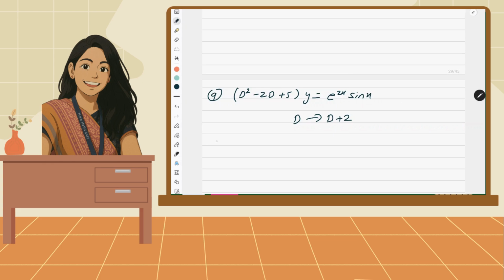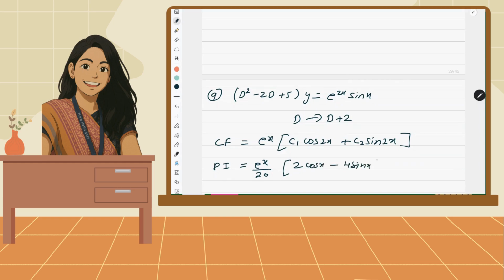So in this case your CF will be e to the power x, C1 cos 2x plus C2 sine 2x, right? And then your pi will be equal to e to the power x by 20, 2 cos x minus 4 sin x. This will be your pi.